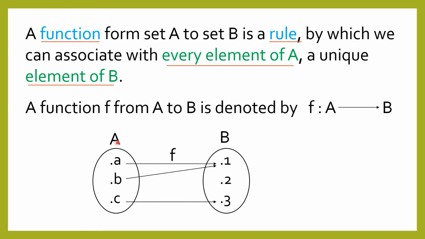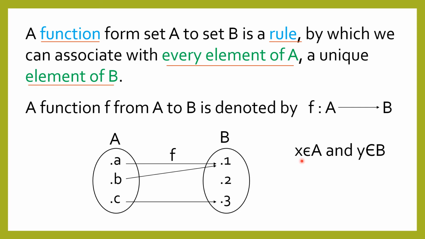Here, every element of A is associated with one and only one element of B. That is, A is mapped to one and only one element, that is 1. B has one and only one image, that is 1 in B, and C has one and only one image, that is 3 in B. So f is a function from set A to set B.